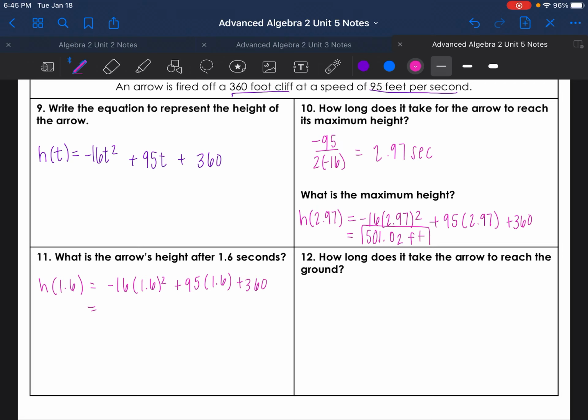So once I hit store, I can scroll back up until I've highlighted over that equation and hit enter, and it brings it back down. I don't have to retype it all in. 471.04 feet.